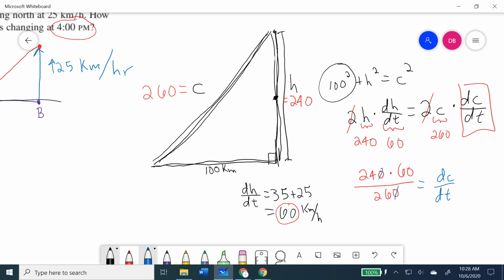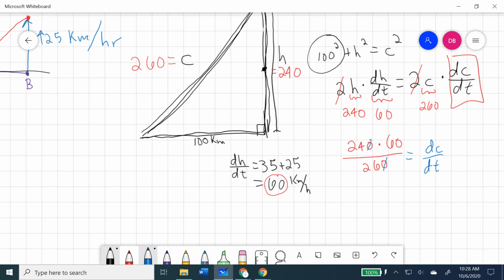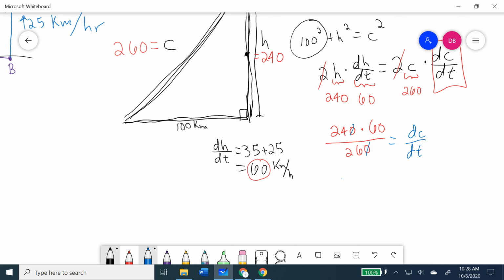Can someone tell me what we get on that? Okay. 55.385. And what is that if we leave it as a fraction?